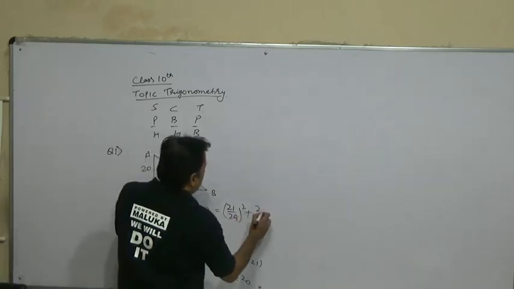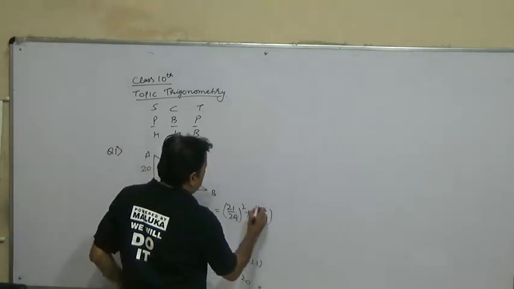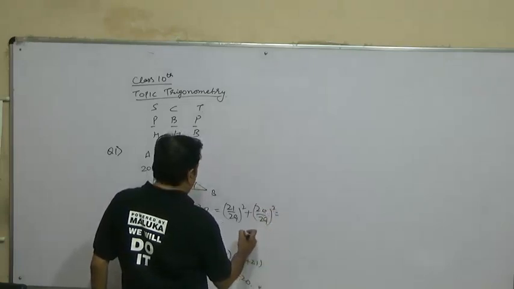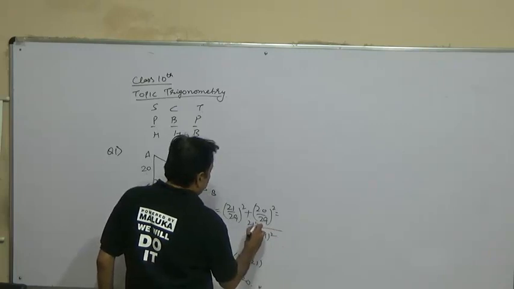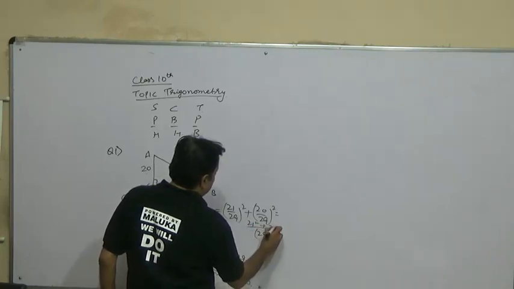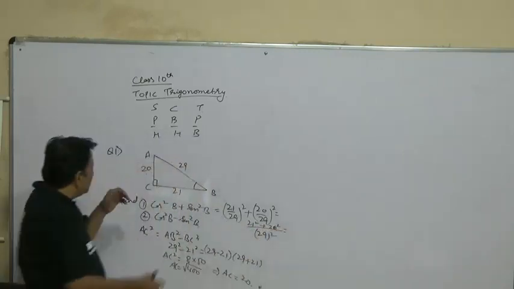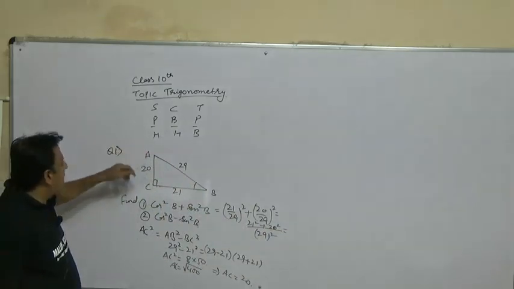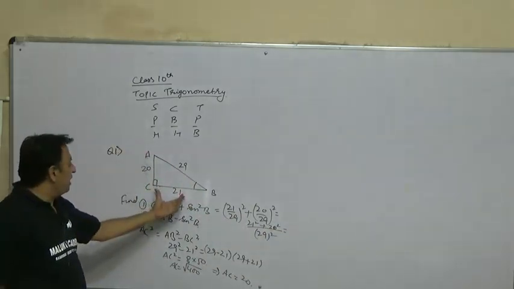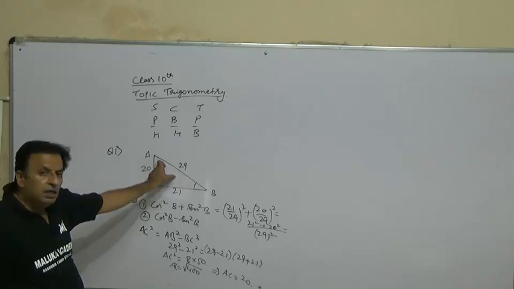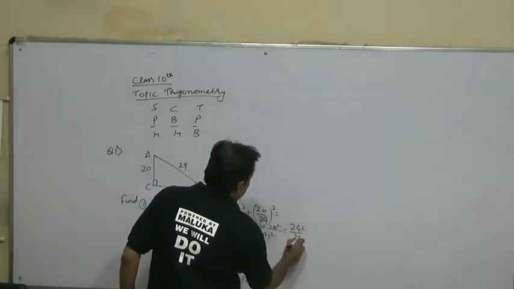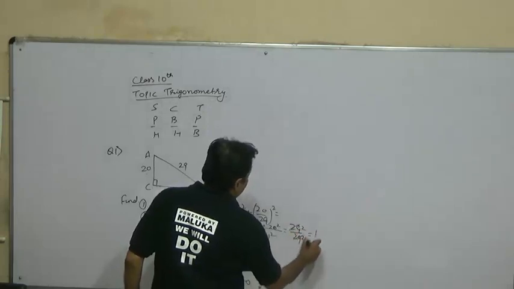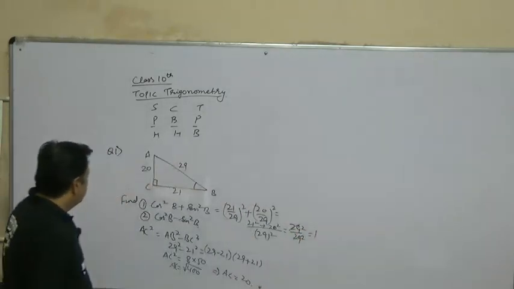So this is 20 upon 29 whole square. So this comes out to be 21 square plus 20 square over 29 square, and from the figure itself we can see that 21 square plus 20 square will be equal to 29 square. So this will be 29 square by 29 square, cancel, and it comes out to be 1.